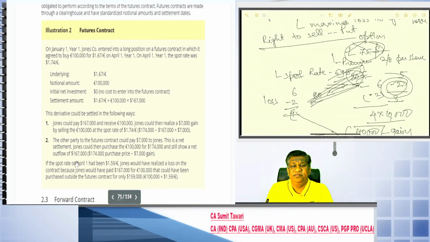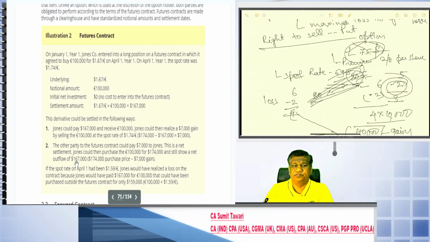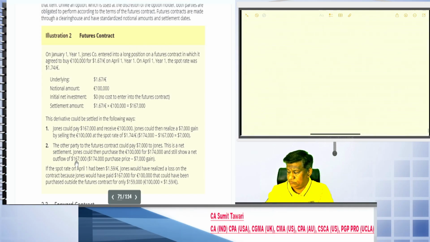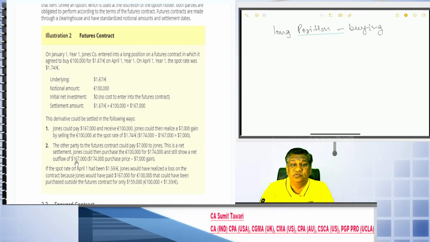Now we see the futures contract. On January 1, year 1, the Jones company entered into a long position. Long position means buying. So we are right now calculating for Jones and company.